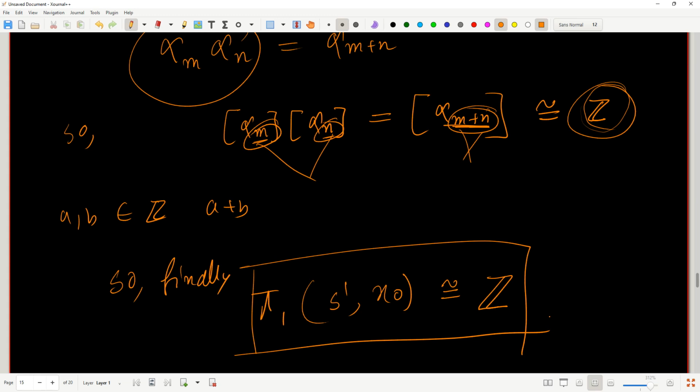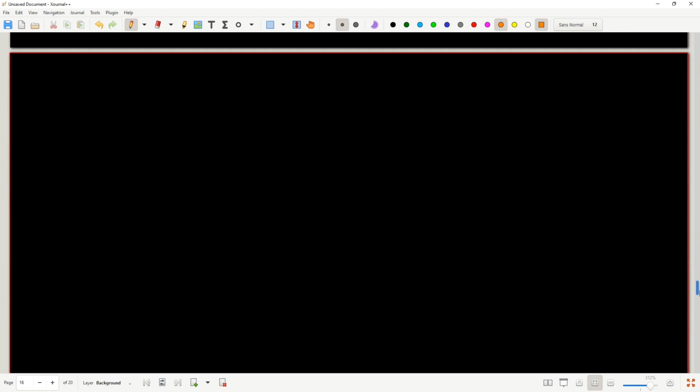Okay, these two examples will do for now, because computing fundamental groups for other complicated surfaces is very complicated.